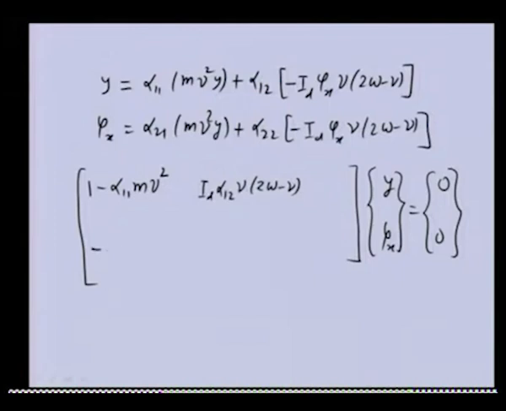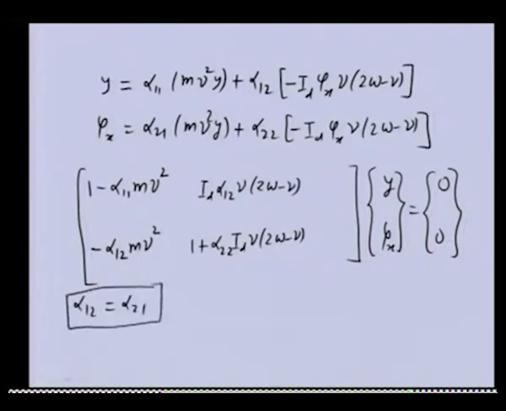Here we will be having, now I am keeping α12 and α21 same, because they always will be same. 1 plus α22 i_d ν² (ω − ν). So, here I have kept α12 equal to α21, because they are symmetric and they are equal.